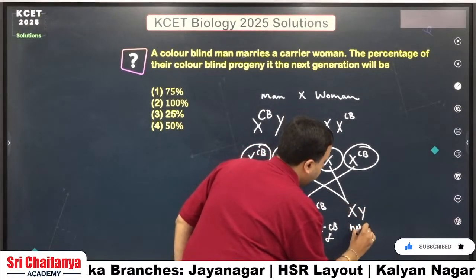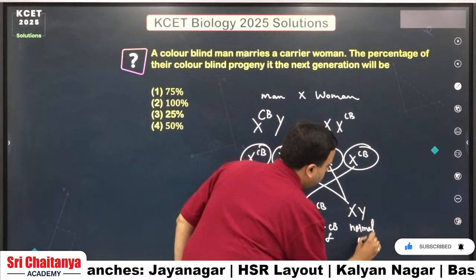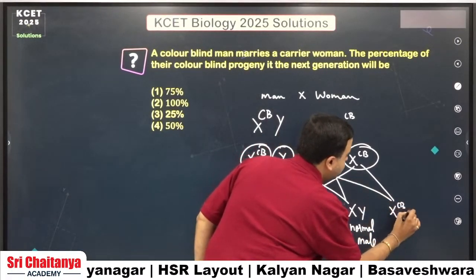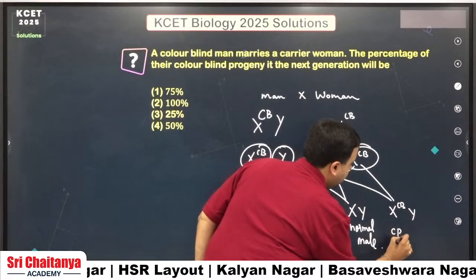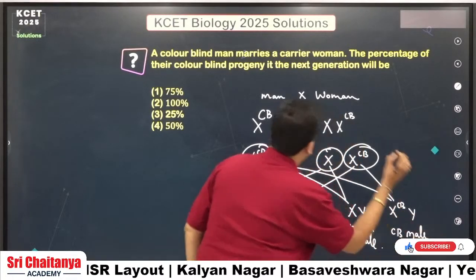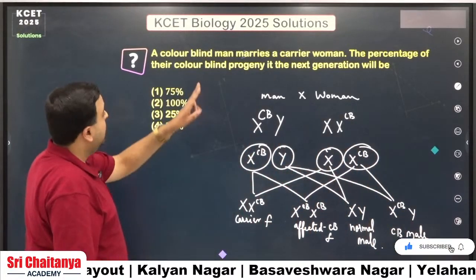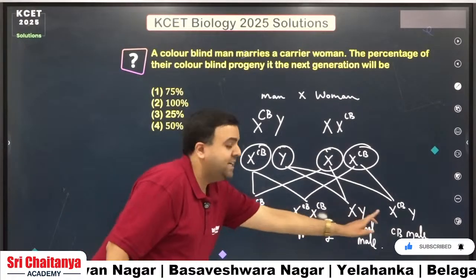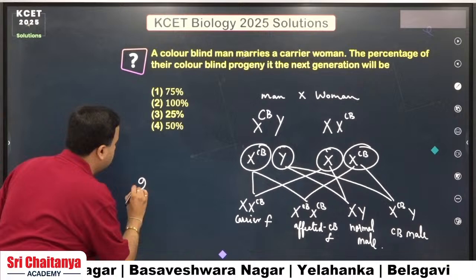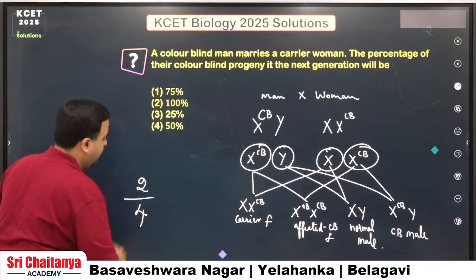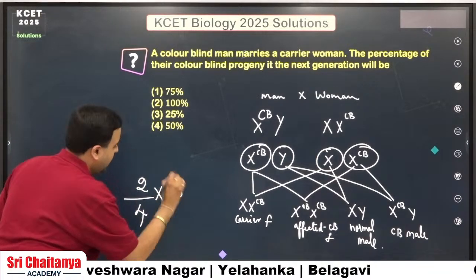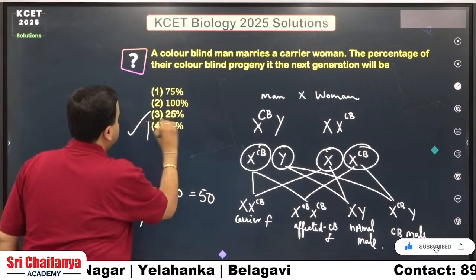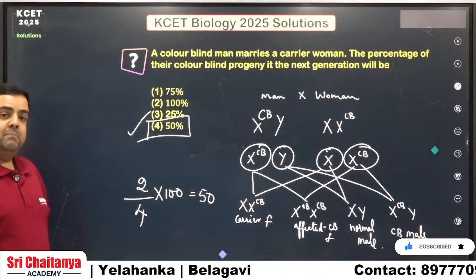XY, this is a normal male, and then I have X CB Y. This is a color blind male. Now they are asking the percentage of their color blind progeny. So the percentage of color blind progeny is 2 divided by the total number of progeny into 100, which is 50. So therefore, for this question, the answer is option number 4.